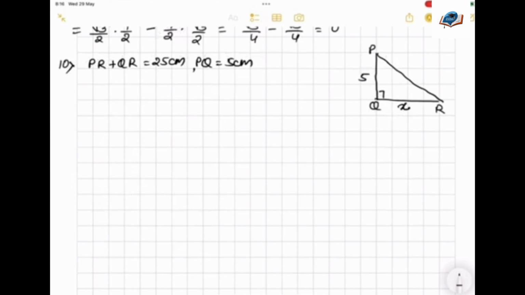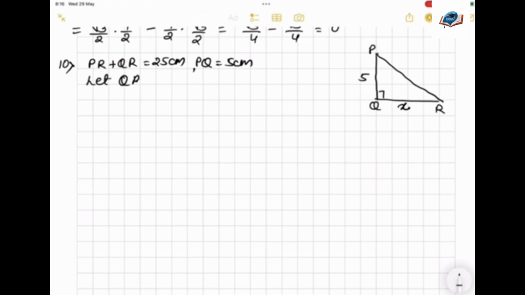Now the 10th sum: PR plus QR is given as 25 and PQ equal to 5. So let us take QR equal to x first. One side is given as 5 and the sum of the other two sides is 25.